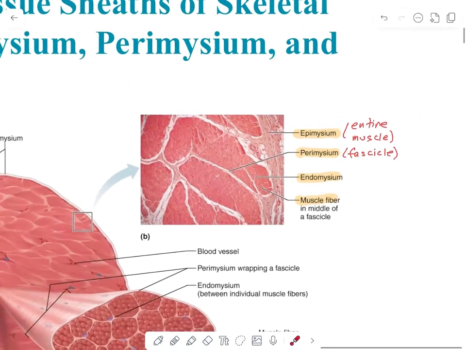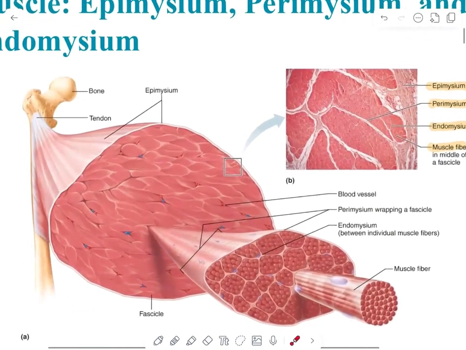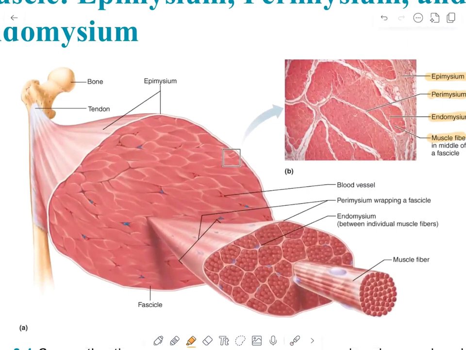When we look at the illustration connecting the skeletal muscle to the bone, we first can see the tendon is what is going to attach the skeletal muscle to the bone or anchor it. Then the epimysium is around the entire muscle, as you can see here. We then have a perimysium wrapping around a fascicle, and within that fascicle are large groups of muscle fibers.